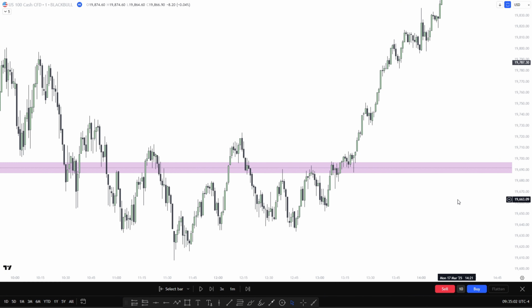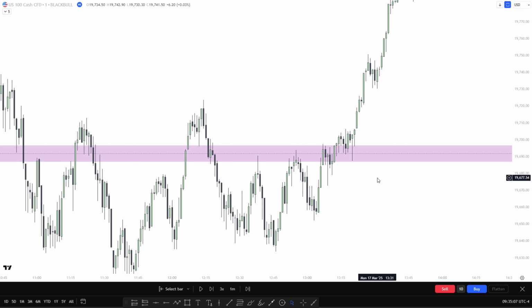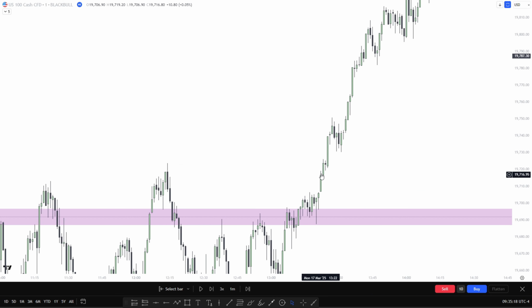which is 1 o'clock, where we trade above, then displace, and we start spooling up.